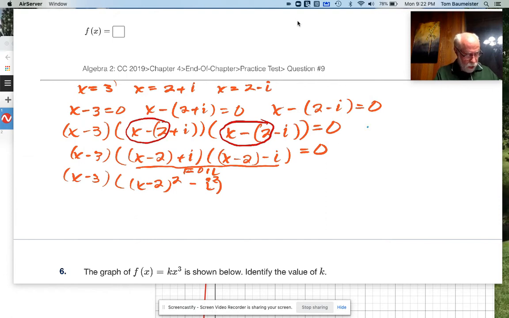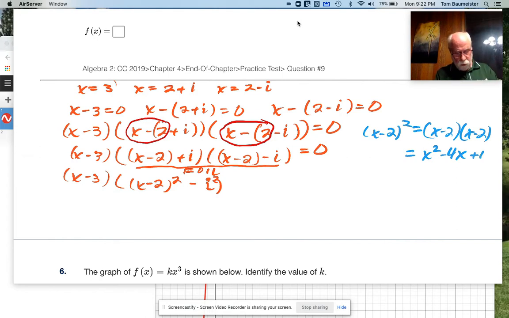So x minus 2 squared is equal to x minus 2 times x minus 2. First terms x squared, minus 2x and minus 2x would be minus 4x. And then negative 2 times negative 2, which is plus 4. So that's just for the x minus 2 squared.